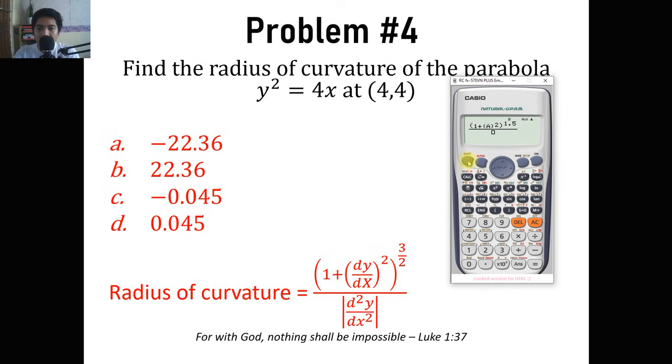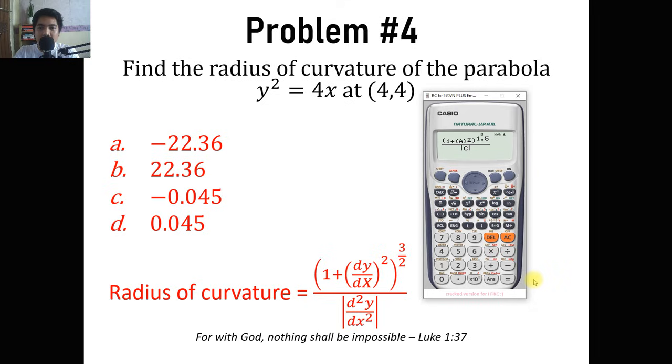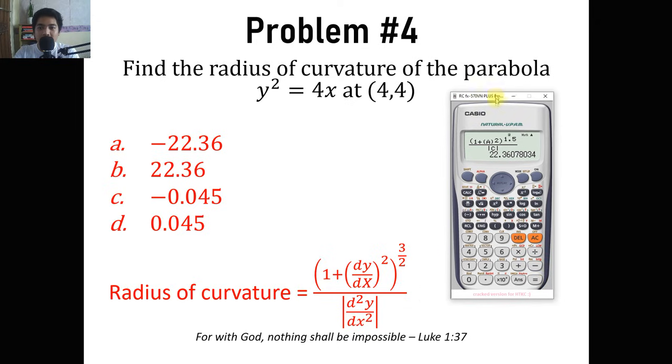So we need to have a shift hyp here for our absolute sign. Okay, and then, of course, the second derivative is the alpha C. Okay, so if we're going to compute this, we should get an answer approximately equal to one of the choices. So we have 22.36. And that should be our answer.